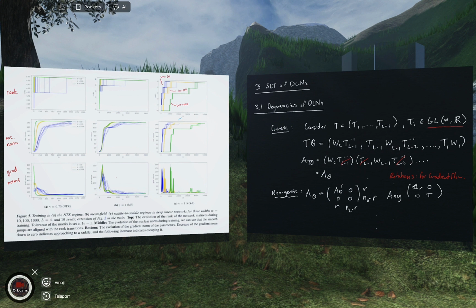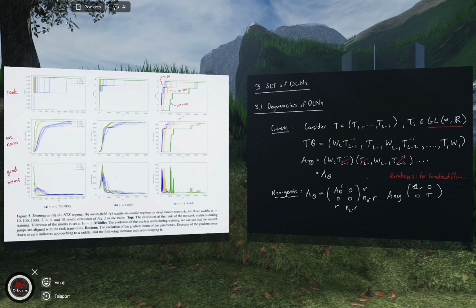As long as you perform some transformation of the hidden layers that doesn't change what's going on with these components that are sent to zero, your model is not going to change.